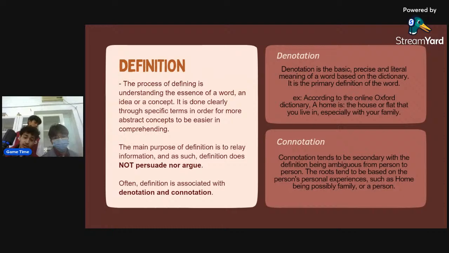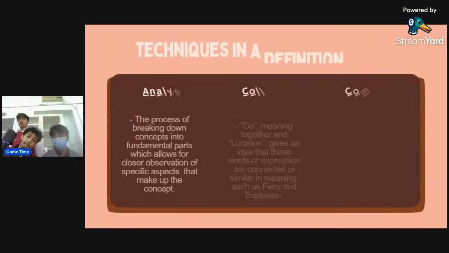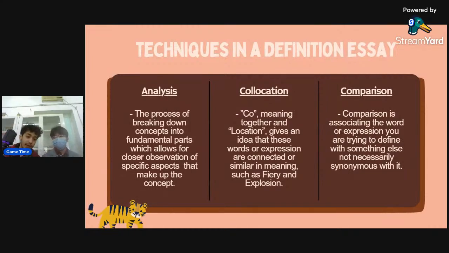It's denotation, which is literal; connotation, which is defining words through your own personal experience; and then we have analysis, which is breaking down the word into its fundamental parts. Collocation is using two words to describe something greater, like a concept, such as mass demonstration, uprising, or riot.